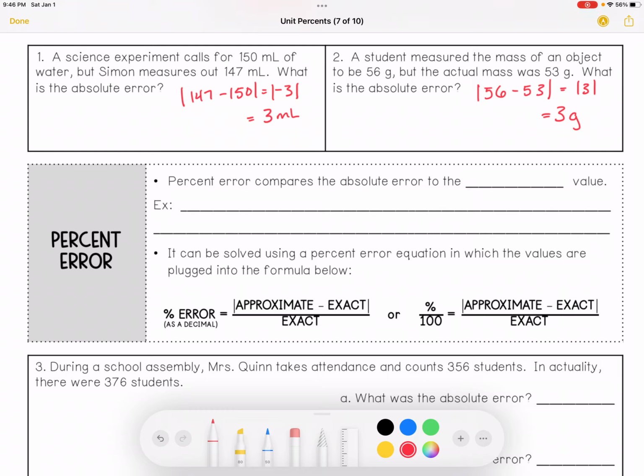Percent error compares the absolute error to the exact value. When calculating the mass of an object in science, or measuring the distance an object has to travel, these are some examples.